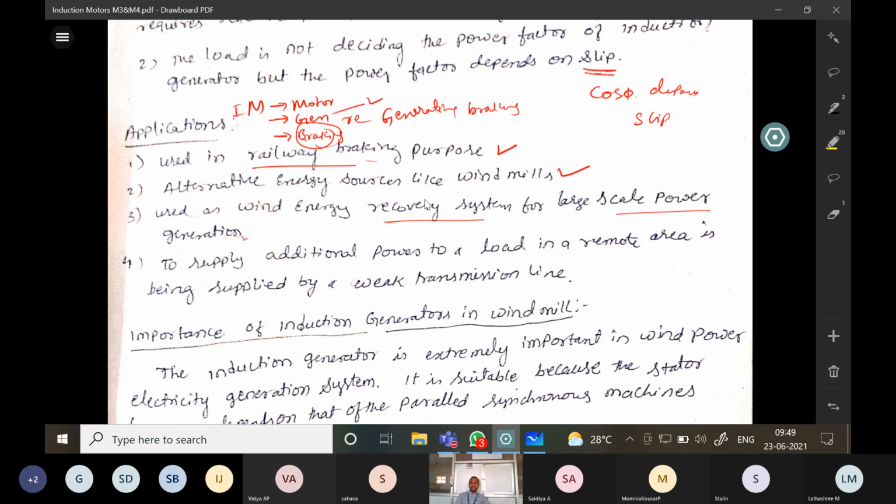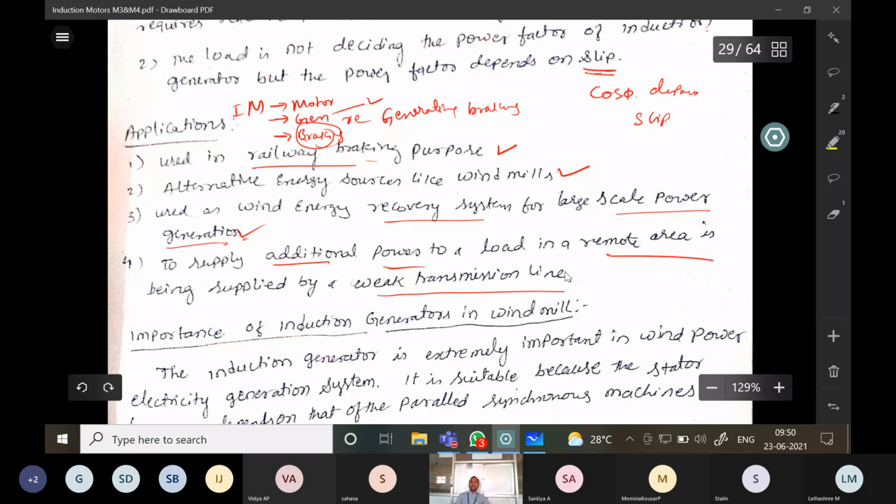So wind energy is converted into electrical energy. It is also used to supply additional power to the load. In any line, we may require additional power along with your generation. So we can connect the induction generator for additional power supply in remote areas being supplied by a weak transmission line. So these are some of the applications of induction generator.